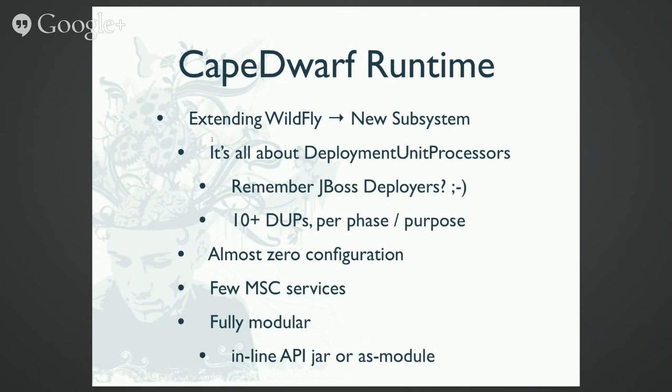They create different things, for example, setting up the caches, pushing proper web components in, creating proper authorization mechanisms, setting up proper class loading, etc., right? But still, in this CapeDwarf subsystem, there's almost zero configuration. The only configuration that we have is for the authentication, if you want to have your own custom authentication, and so on.